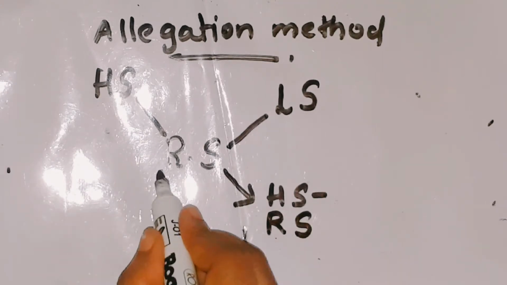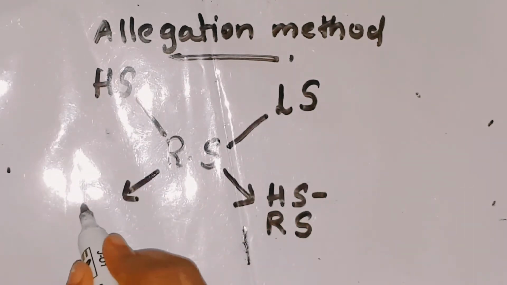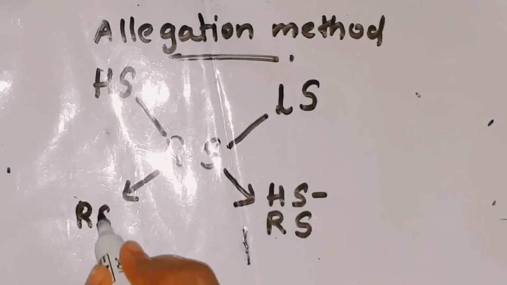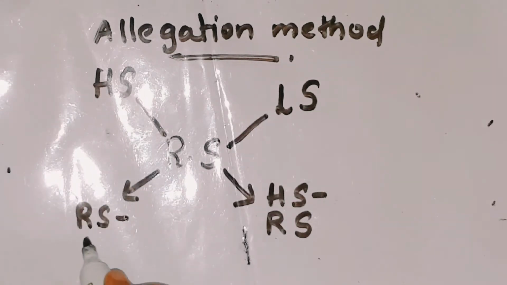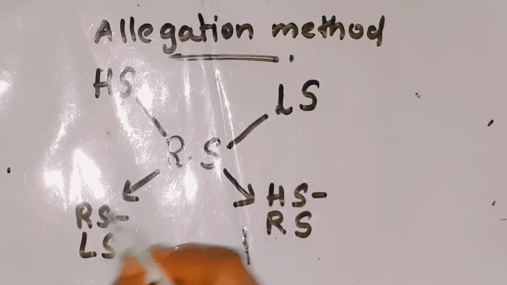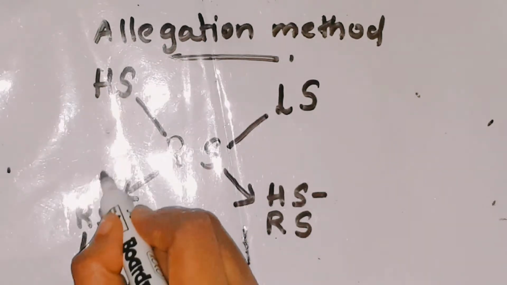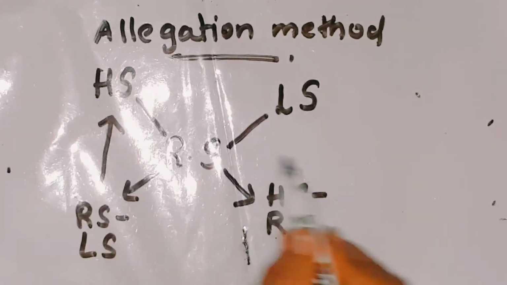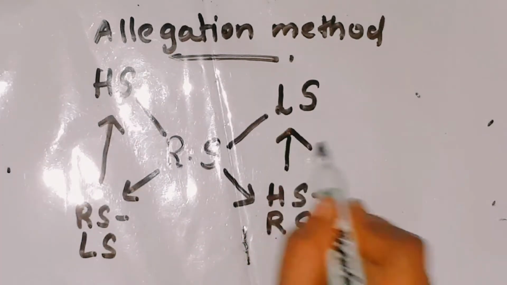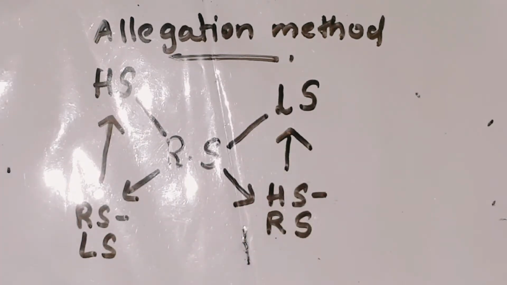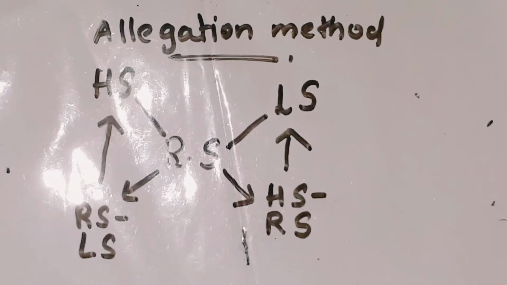That would be the figure there. And on the left side, we have required strength minus lower strength. So this helps us to get the intermediate or the required strength. Practicing a problem will help you understand this better.